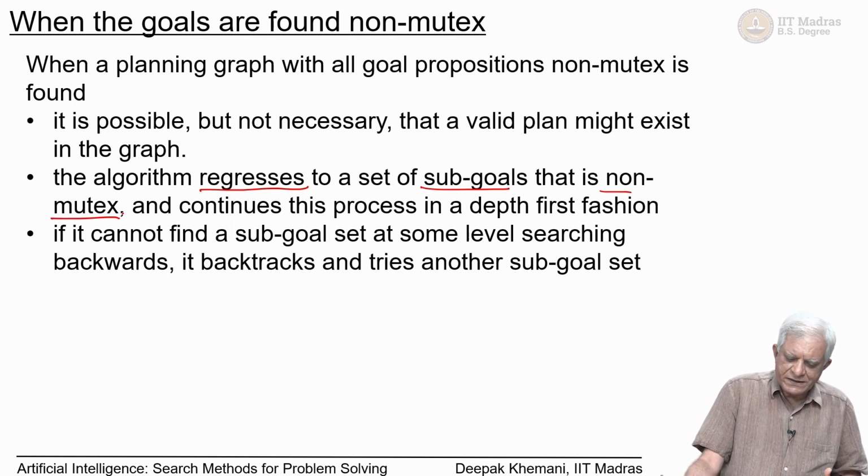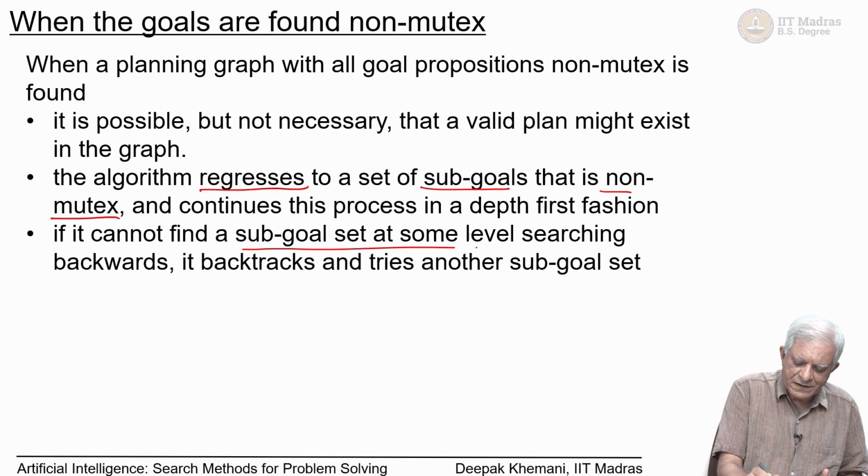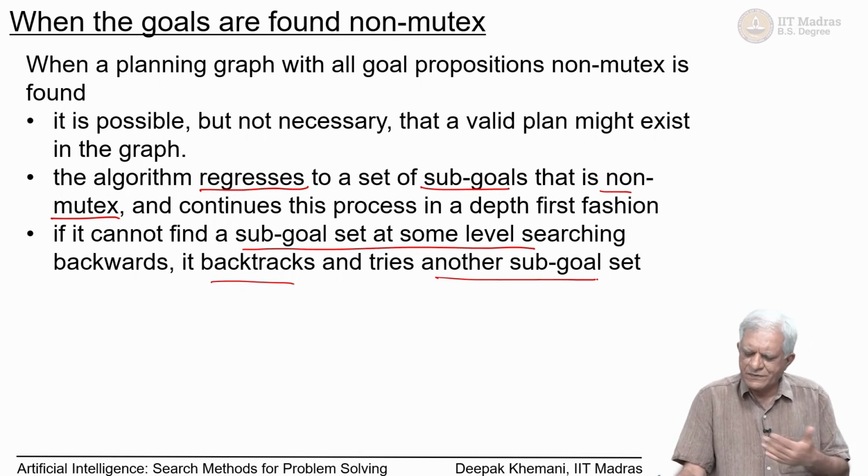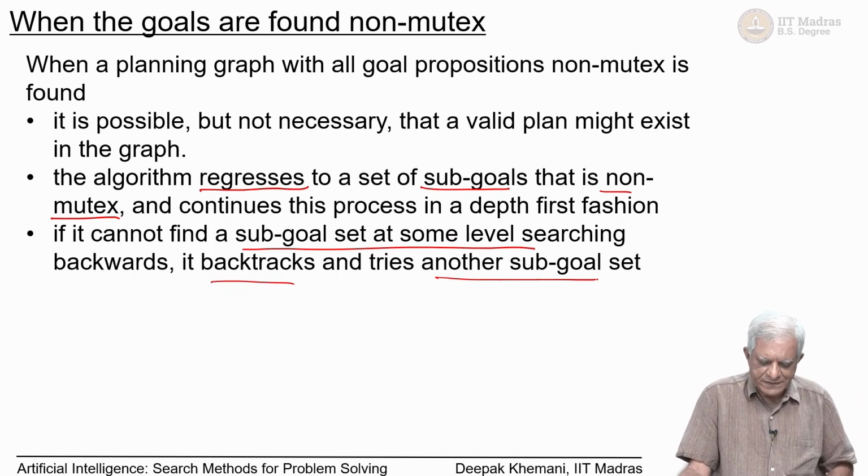If it cannot find a sub goal set at some level searching backwards, it backtracks and tries another sub goal set. We saw an example of two possible sub goal sets. It will do the first search, go off in one direction, and if it does not succeed, it will come back and try another direction.